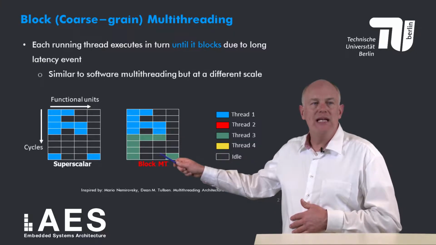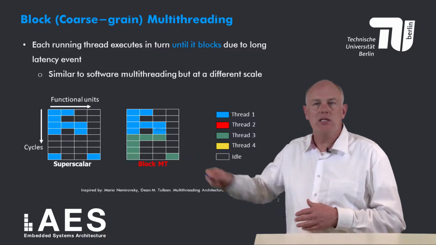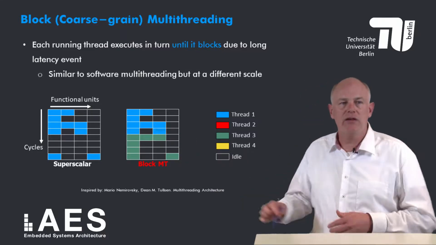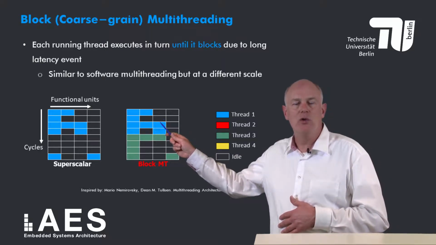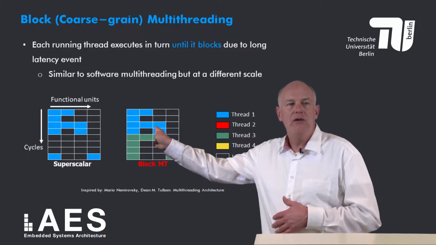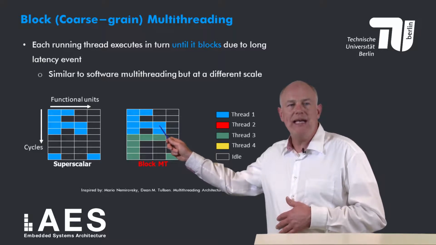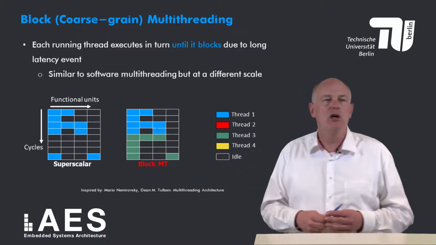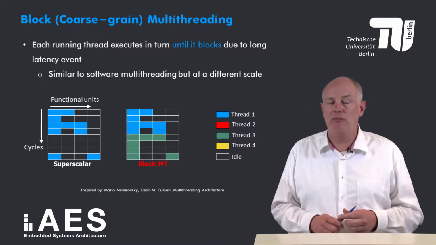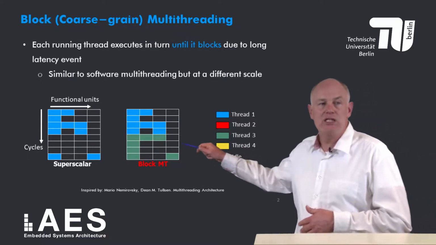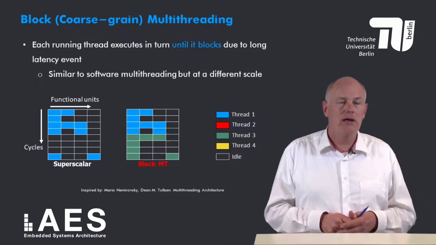If we execute only a single thread, then we will see that if we have 4 issue slots, which are illustrated here by boxes, corresponding to an instruction that can be executed on a functional unit during a particular cycle, and vertically we show the cycles, then we will see that there will be many issue slots, the white boxes, wasted, because either the instruction is waiting for its operand, or the processor is stalled altogether because of, for example, a data cache miss, right?